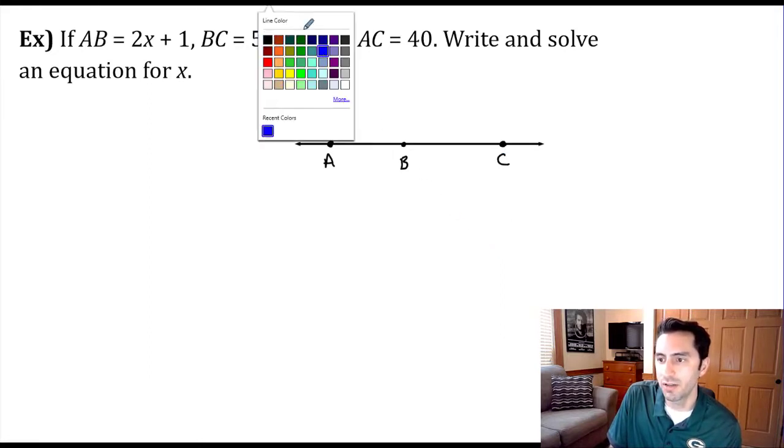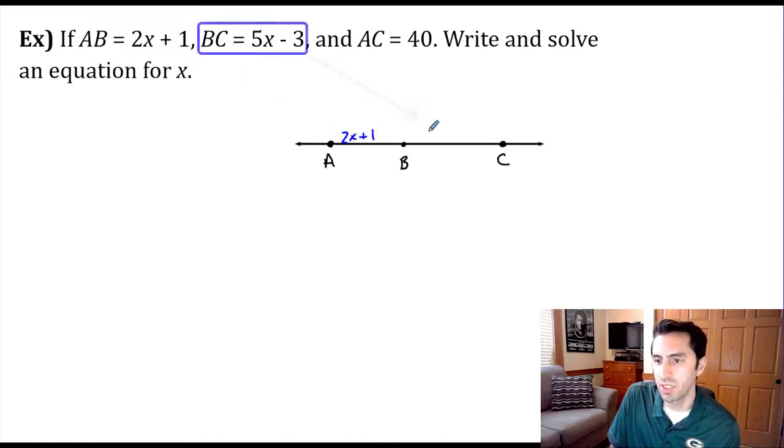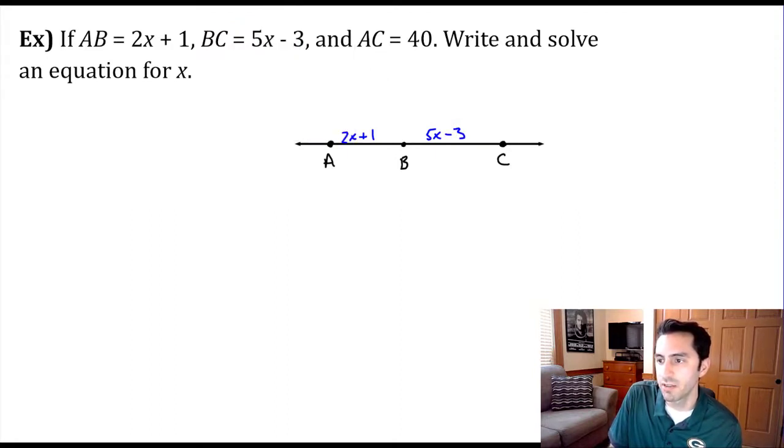So this length from A to B is represented by the expression 2x plus 1. And then the length from B to C is represented by the expression 5x minus 3. And then the last bit of information we're given is that the entire length, so all the way from A to C, this entire thing is 40.